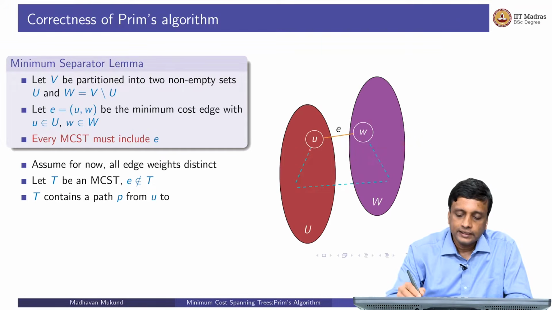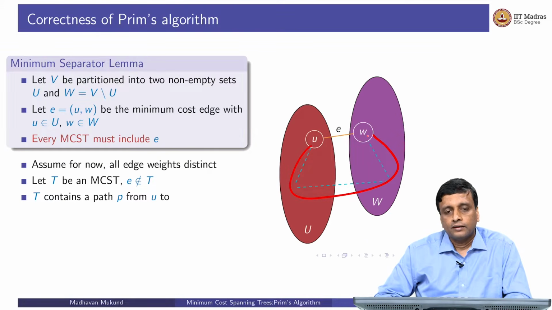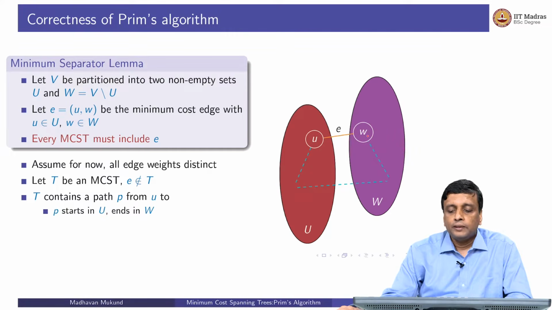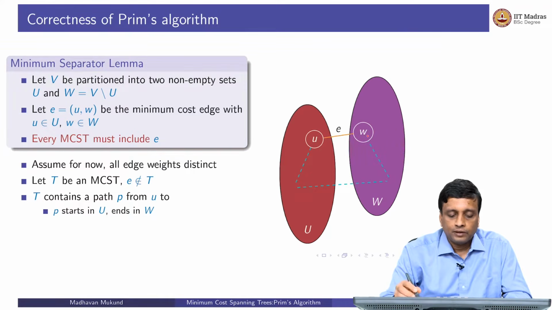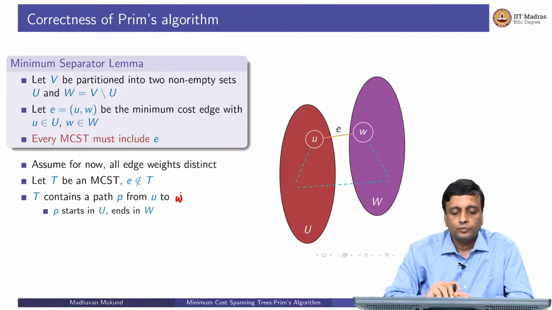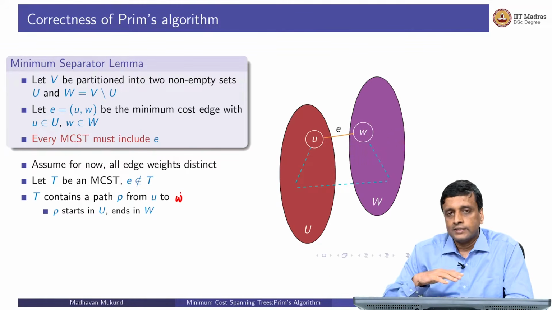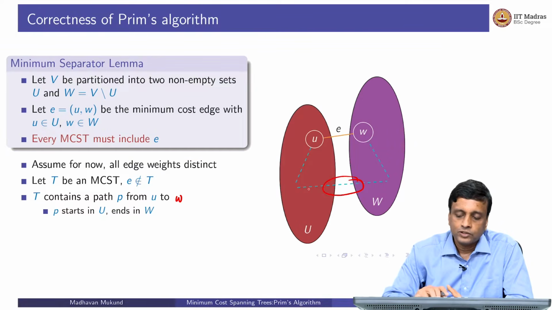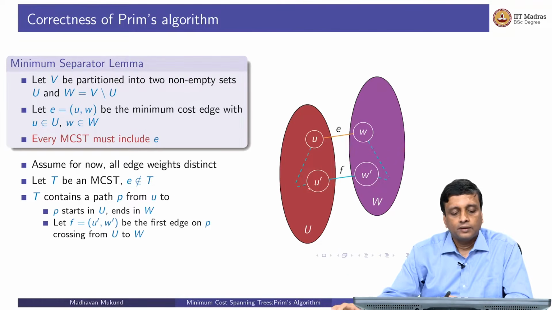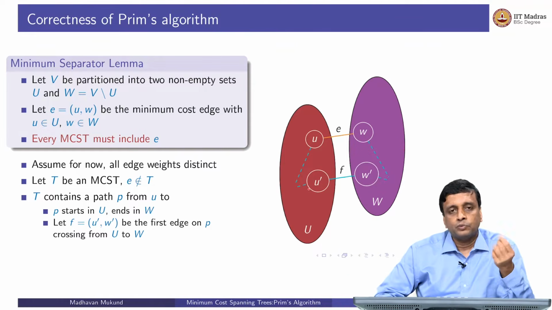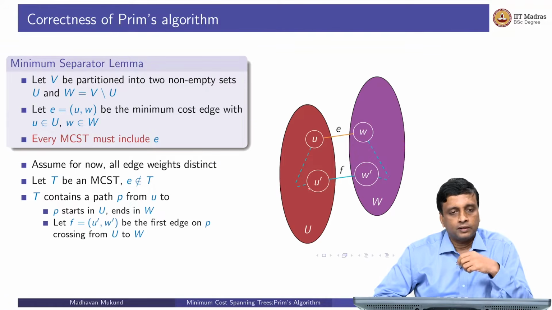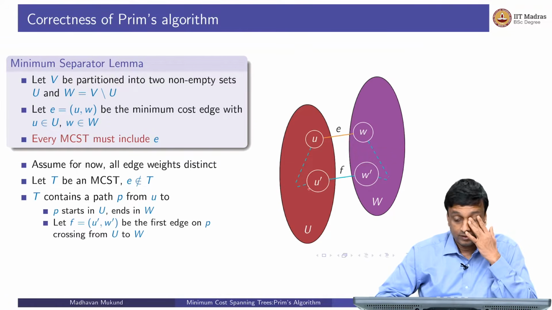So in particular in this tree I have a path from U to W. So the blue dashed lines represent a path from U to W. So this path P starts on the left hand side in the red set and it ends on the right hand side in the purple set. So it must cross at some point, right? It has to go from here to there. So there must be some edge which takes it from capital U to capital W, right? So let this be the first such edge.